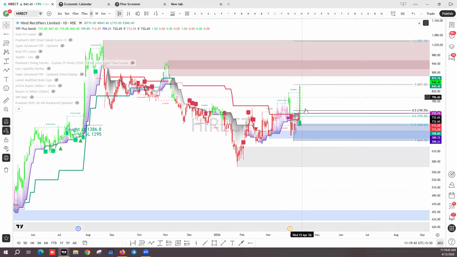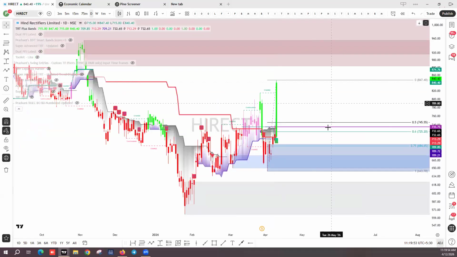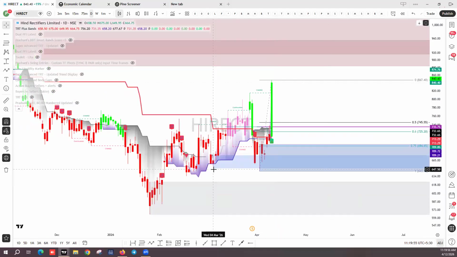High rate, color changed to green. Bias is below the price. It has already closed multiple times above the bias. Came down, what happened? See, this is what I was explaining. Price comes down below this, stop hunting is done, closed above. So we can buy above this and prices went up smoothly.